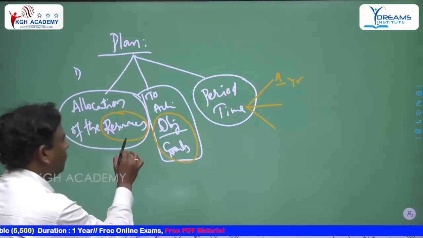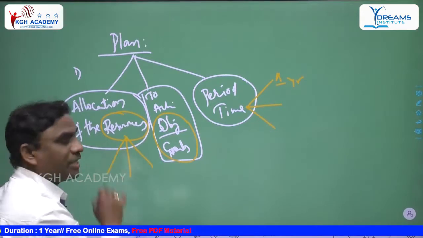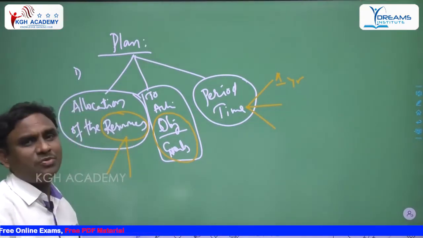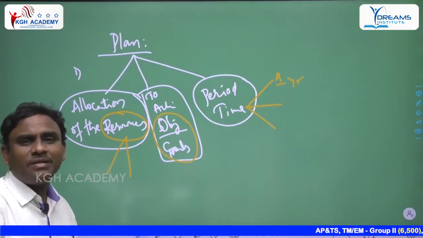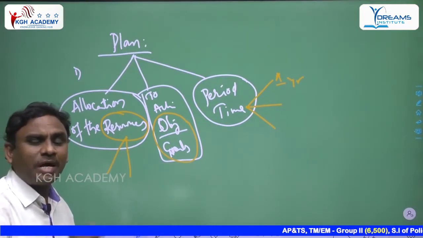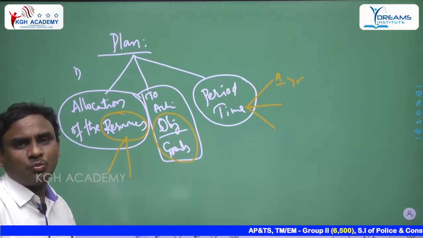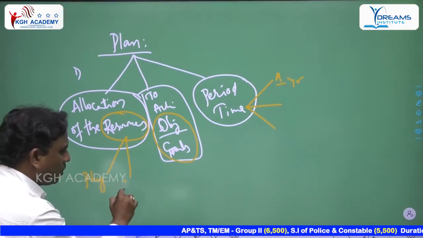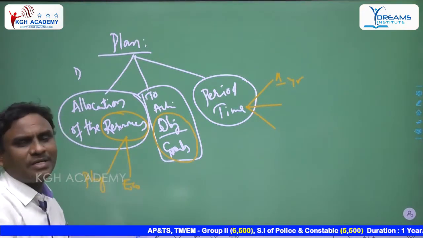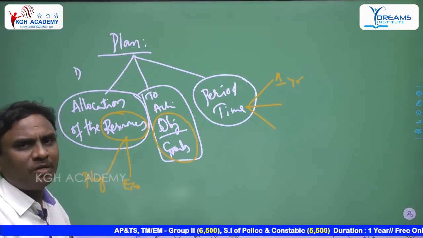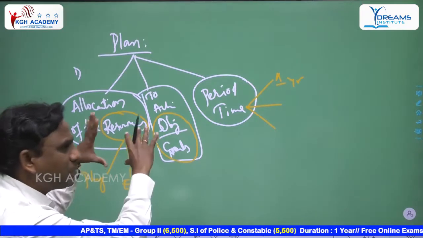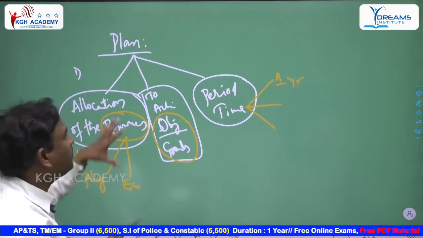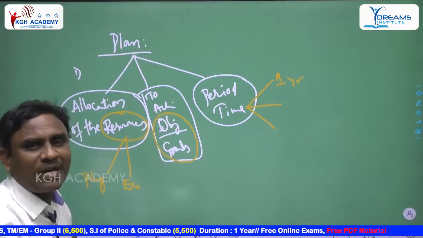And on the basis of resources, plans can be categorized into two. One is the physical plan. Second one is the economic plan or financial plan. Whatever we discuss in this concept is based on the definition of the plan.